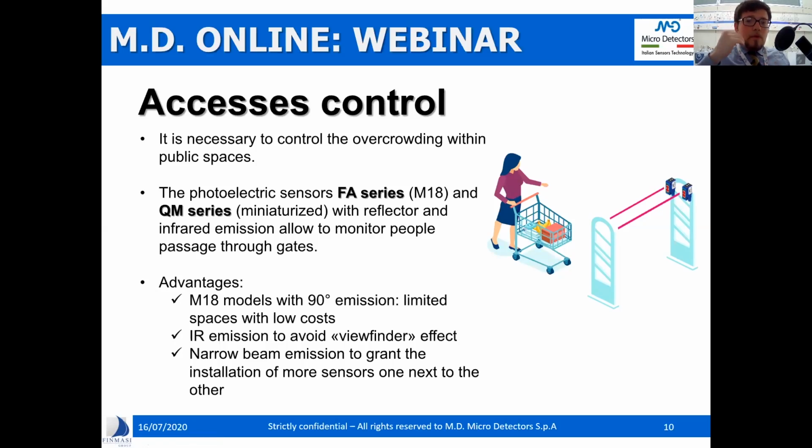But first of all, we have to monitor the inflow and the outflow with respect to these public spaces. How to do that? Also in this case, we can use photoelectric sensors of FA and QM series.